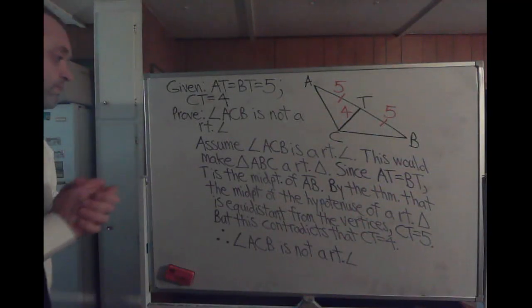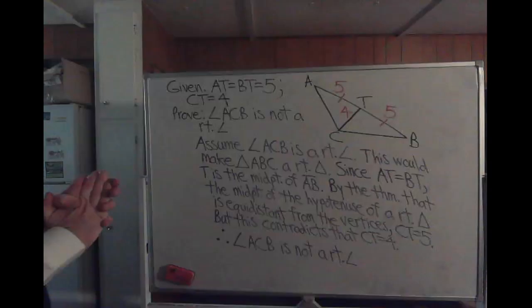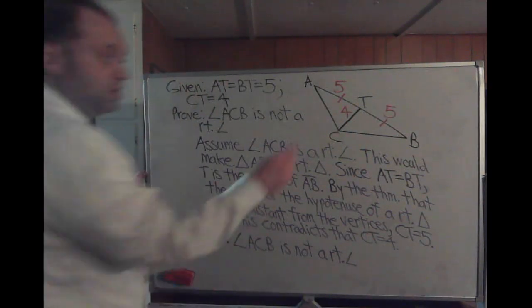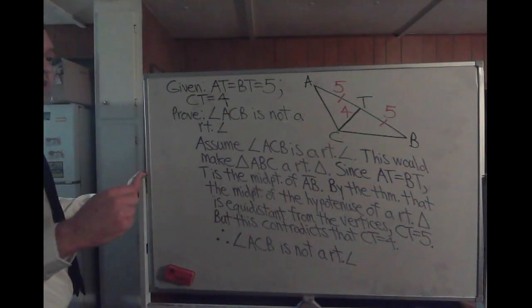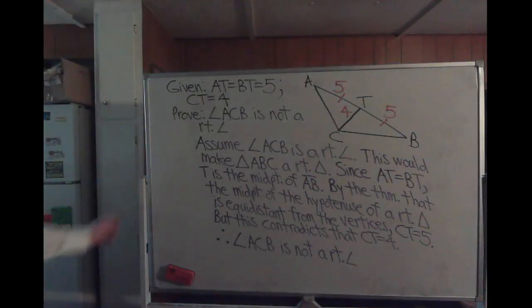So, if we're assuming that this is a right triangle, that means angle ACB is a 90-degree angle, and we know the side across from the right angle of a right triangle is called the hypotenuse. This would make AB the hypotenuse.